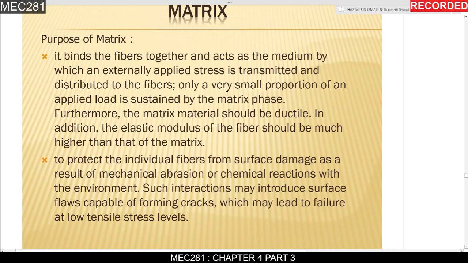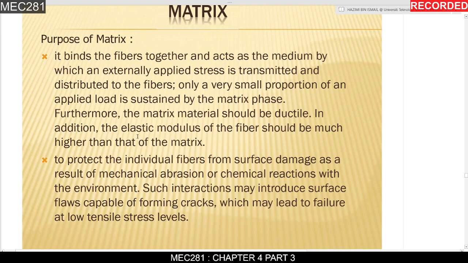So the matrix acts like a protector for the fibers in the composite. Macam itulah lebih kurang. Dia kena ductile, tapi dia akan kuranglah strength of modulus, elastic modulus.